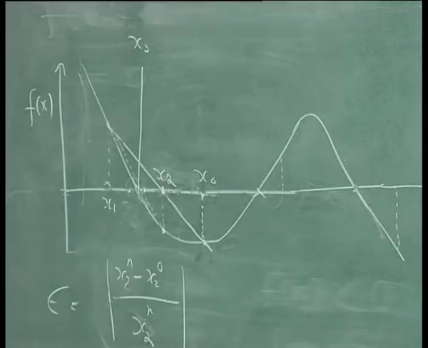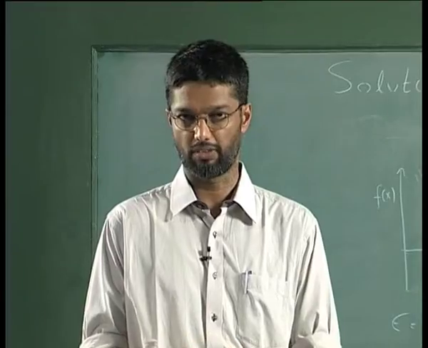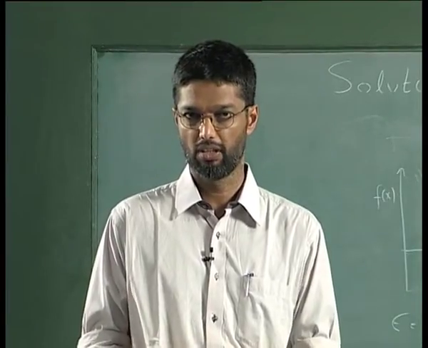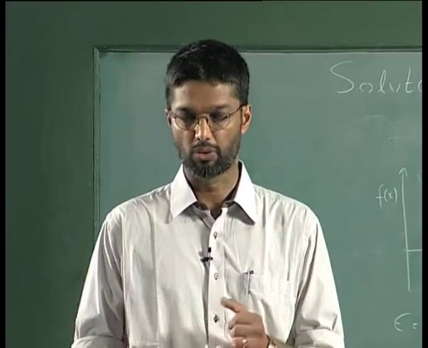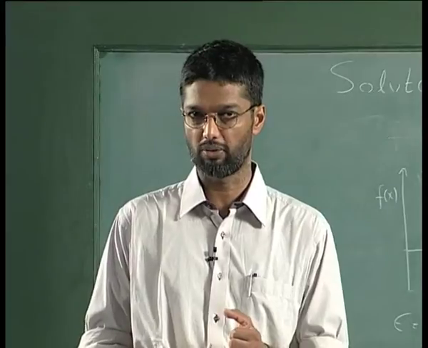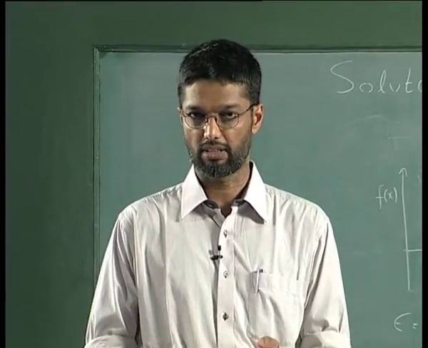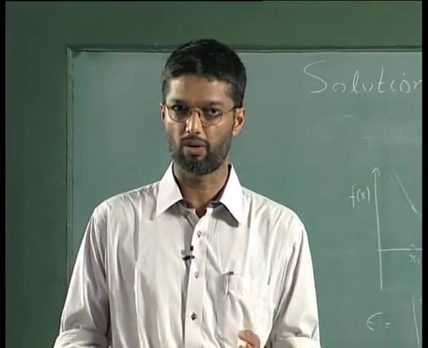But when you search for the points at which the function changes sign, you have to be careful. That's the most important point in both these methods. There are two important points to take care of when you write a program on this. One is that you have to make sure that you have enclosed all the roots.